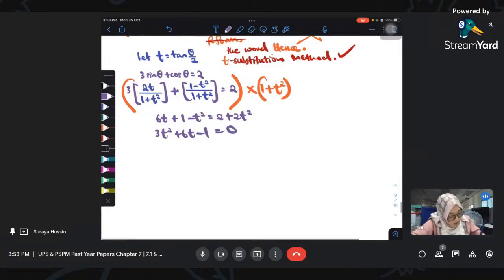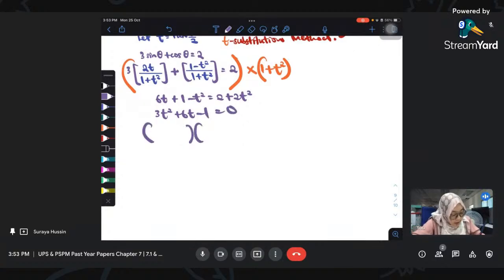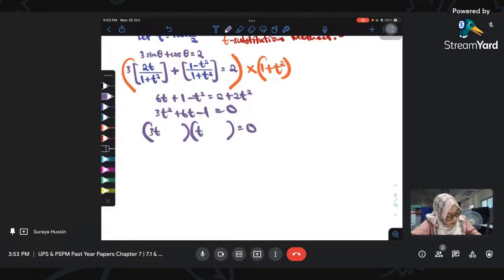And so if you want to try to factorize, can you do that? Jumpa ke? Dapat ke jawapan? You tak dapat jawapan sebab here we'll get negative 4t. No. So there is no answer for this. There is just nothing that we can factorize, okay?